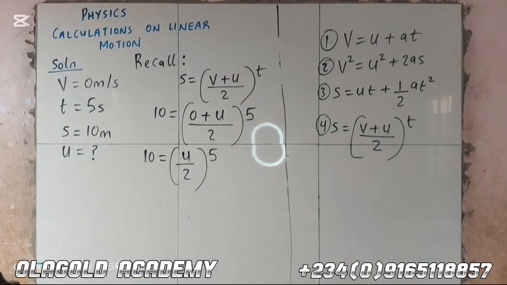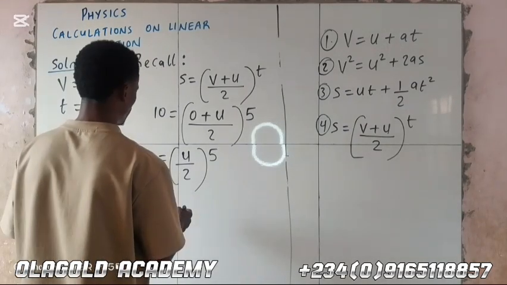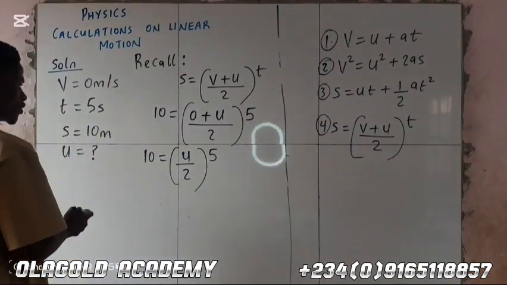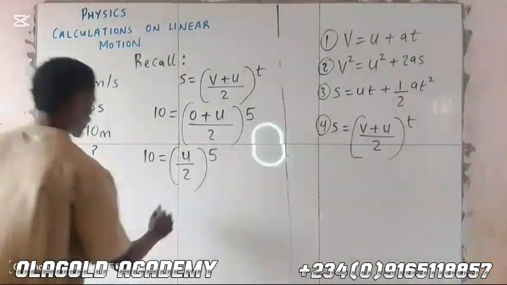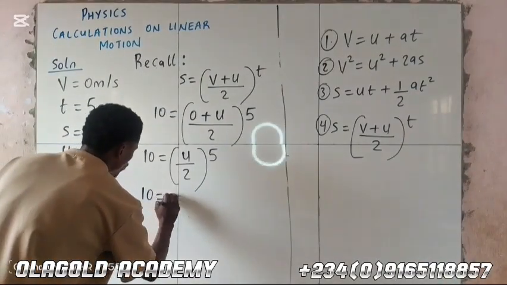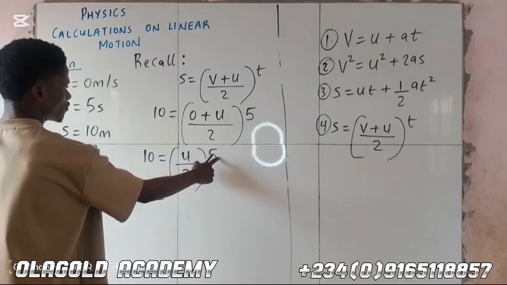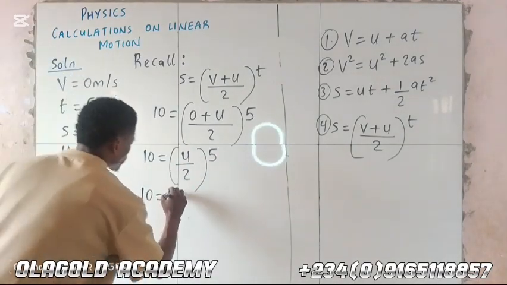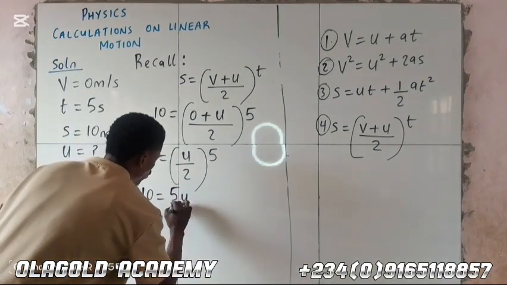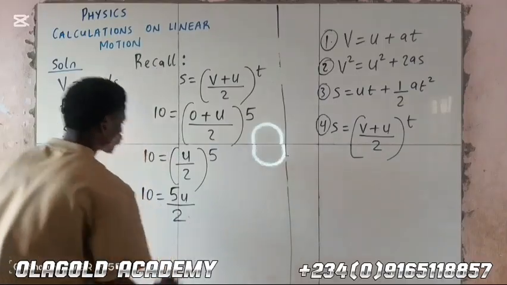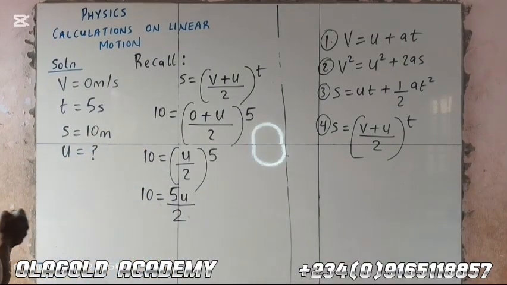From here, our equation becomes 10 equals, opening this bracket, 5 times u gives us 5u over 2. From here, what do we do?